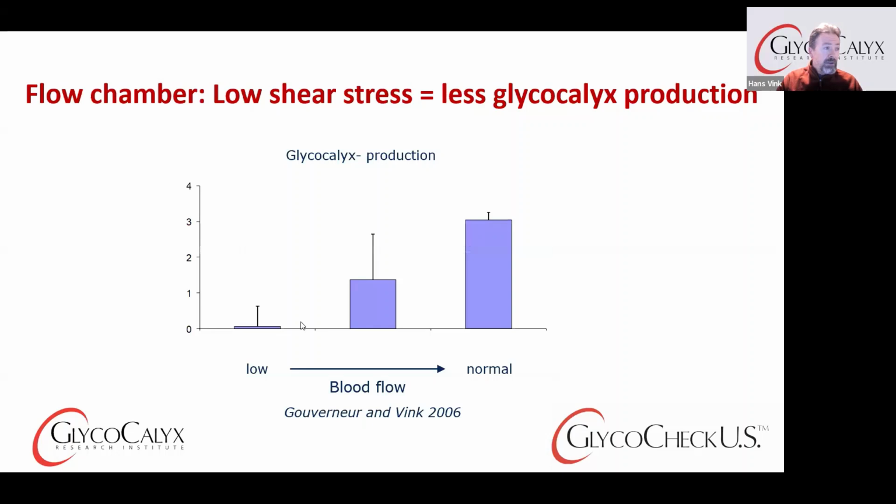When we do that and measure the level of glycocalyx production, at normal levels of blood flow we have normal levels of glycocalyx production. But when blood flow is reduced, or even when blood flow is very low or recirculating, there's very little, if any, production of glycocalyx, explaining why these sites are so vulnerable and don't have glycocalyx to protect the endothelium against leakage of cholesterol and leukocyte migration into the vessel wall.